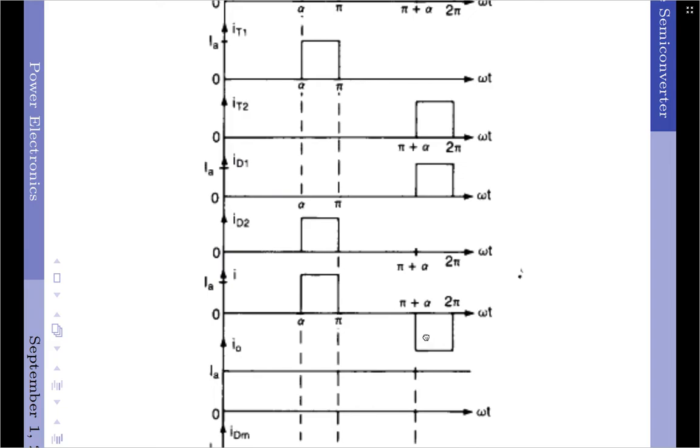Now when alternatingly in the negative half cycle thyristor T2 conducts and diode D1 conducts, the current is minus IA. Very important, it is negative. The secondary of the transformer will have negative current. However, due to the rectification process of the bridge rectifier, you will see the current across the devices themselves and then across the load is always positive.